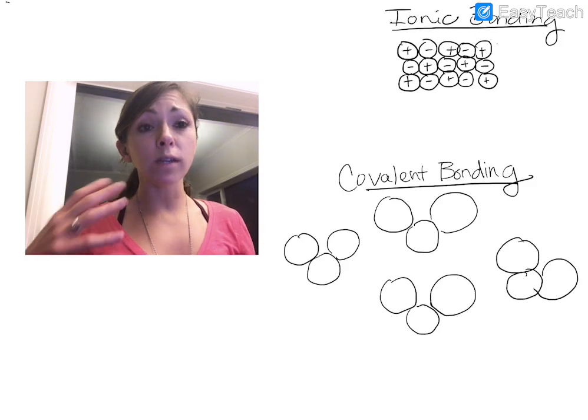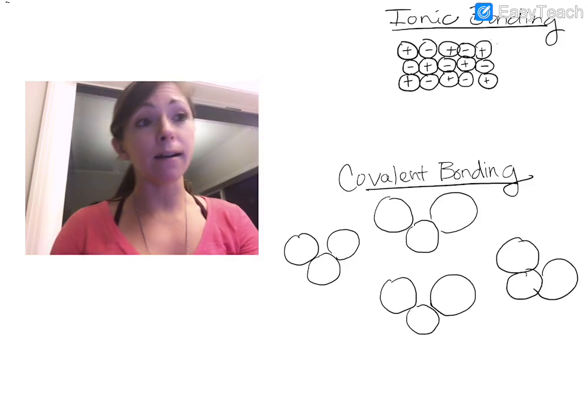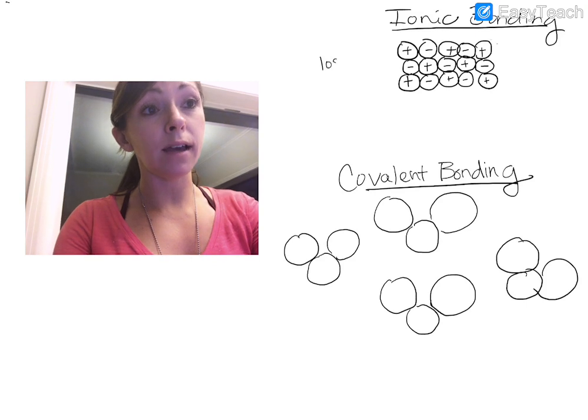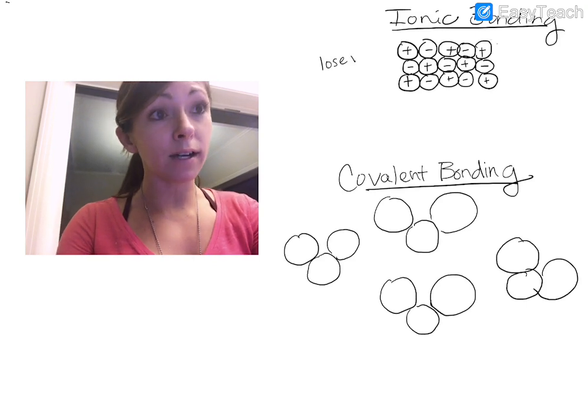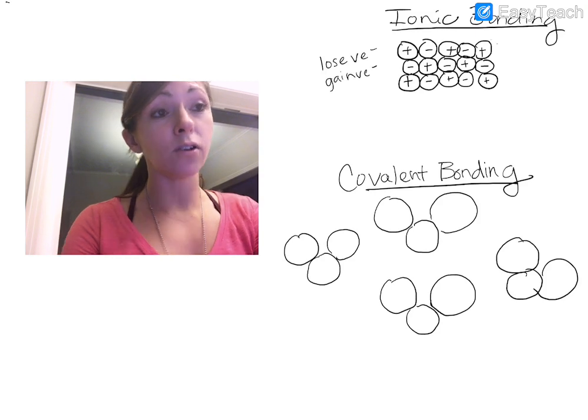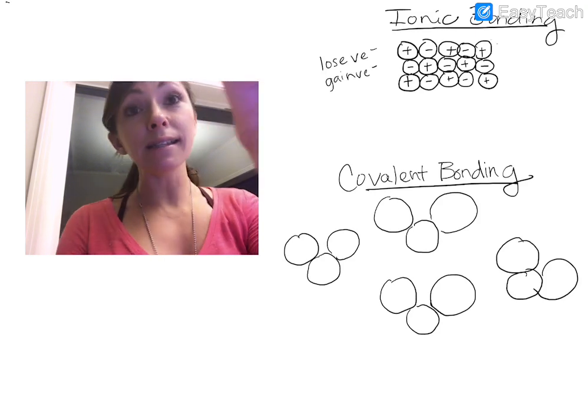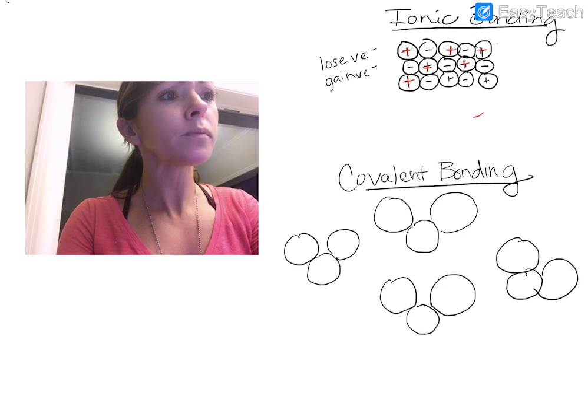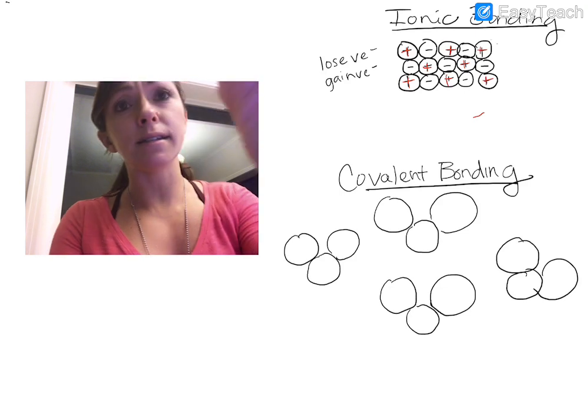The difference is that in ionic bonding, you have a loser and a gainer. You have atoms that lose valence electrons, and atoms that gain valence electrons, that come together, and they end up having these opposite charges. So you've got some positive charges here, and then you've got some negative charges.